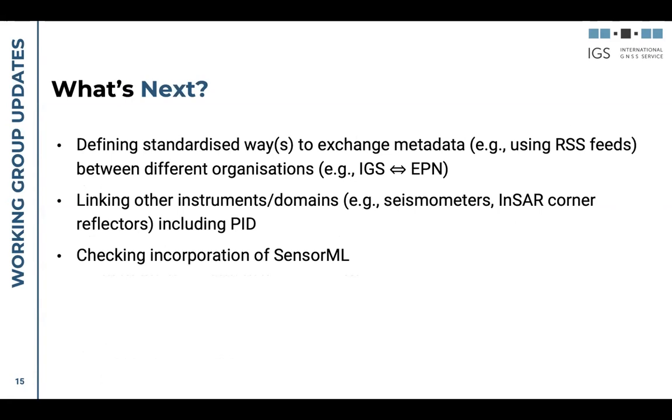You could either do it with a pull request, or you can push metadata from one or the other system. We also want to link other instruments and domains in a better way, including also persistent identifiers from different communities.